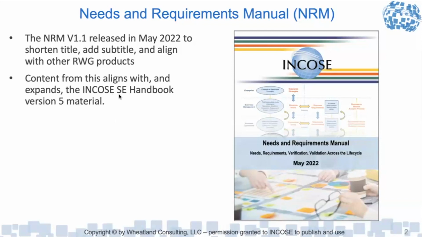Each of those sections refers to our products, the Needs and Requirements Manual, the Guide to Writing Requirements, the Guide to Needs and Requirements, and the Guide to Verification Validation, so they elaborate on what's in the SE Handbook. And Wiley has approached INCOSE, and INCOSE signed a contract with them for version 2 to be published by Wiley sometime in 2024. So that's something to look forward to.